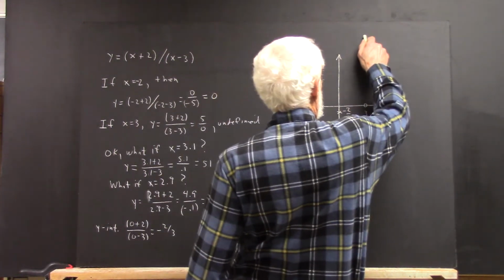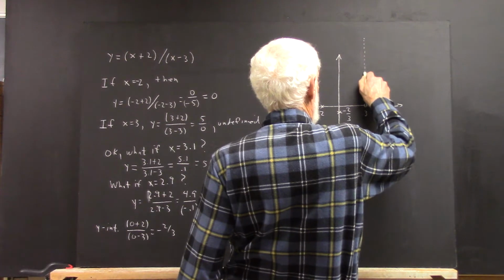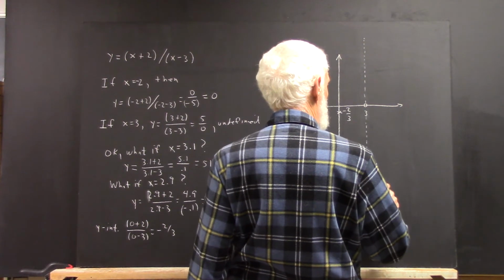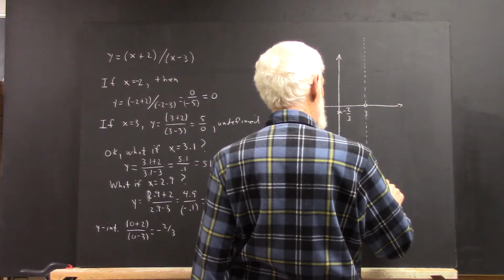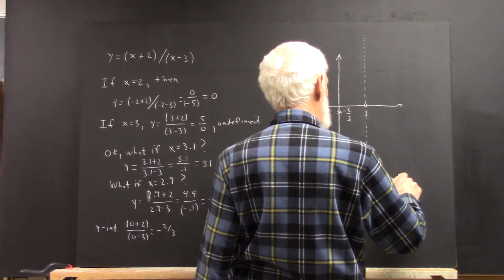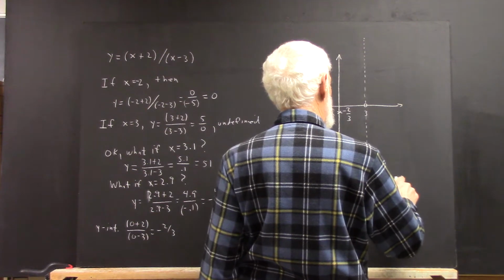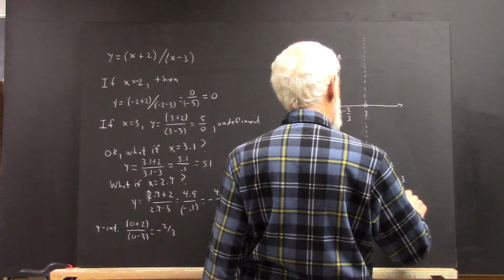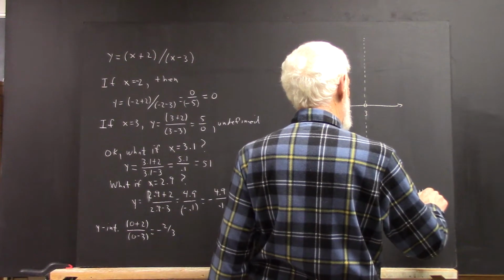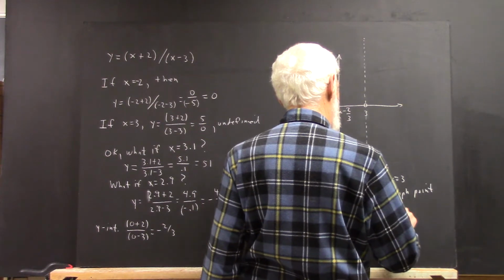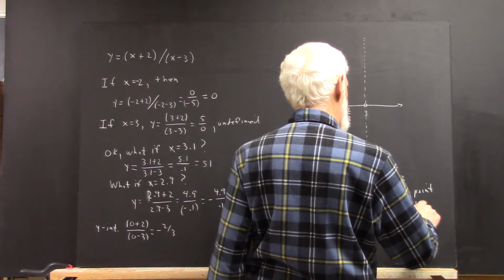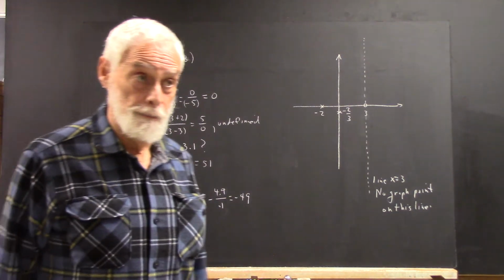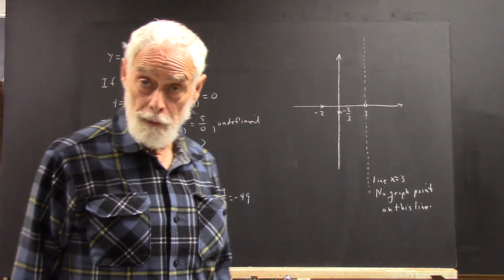So we can make a vertical dotted line at x equals 3. We can say that there's no graph point on this line. Okay?